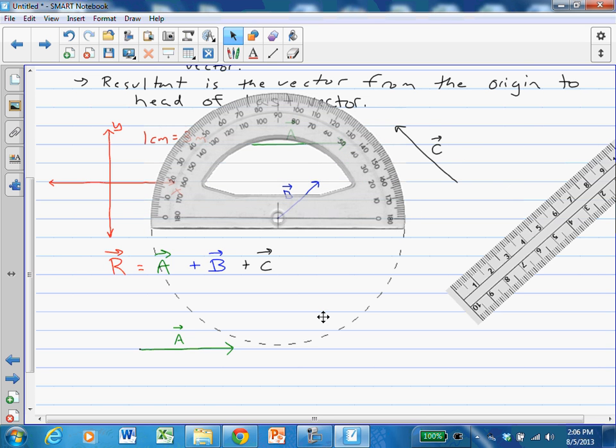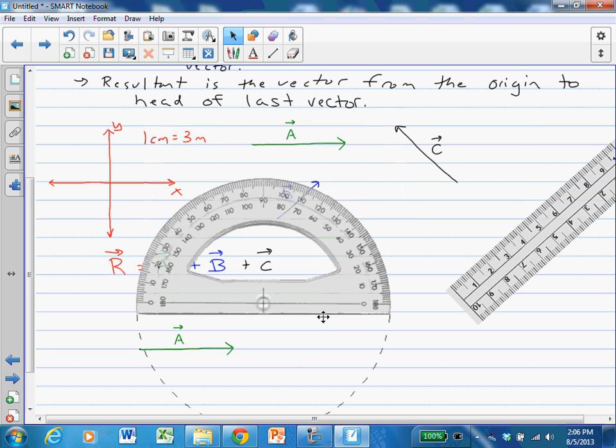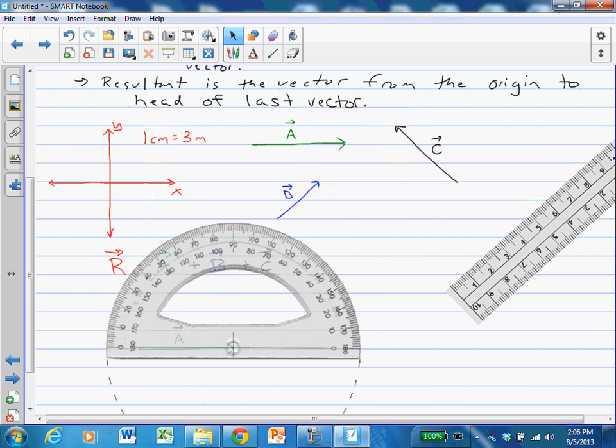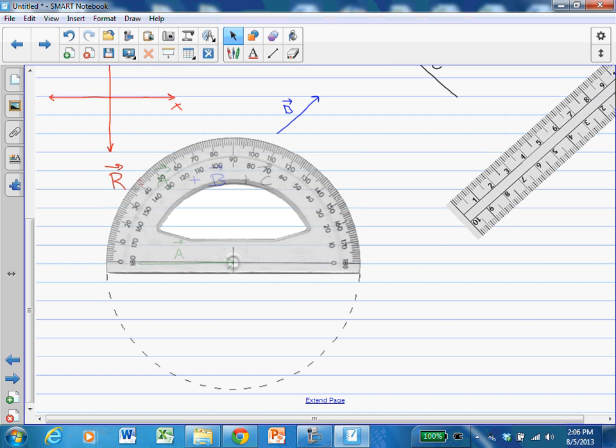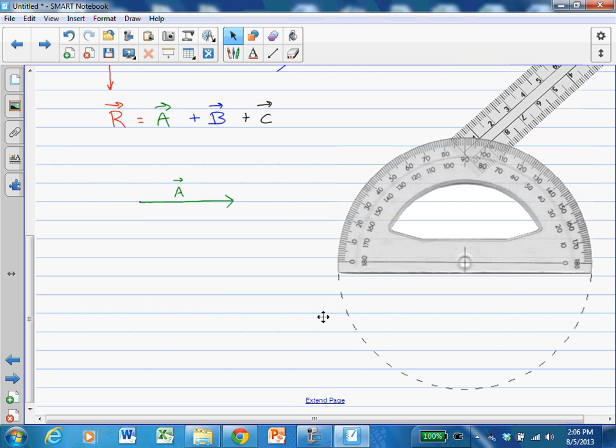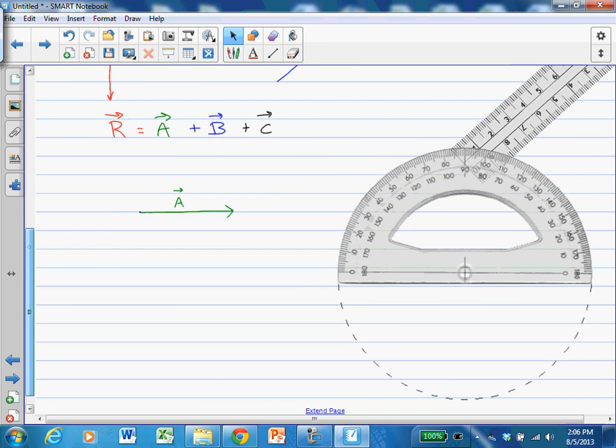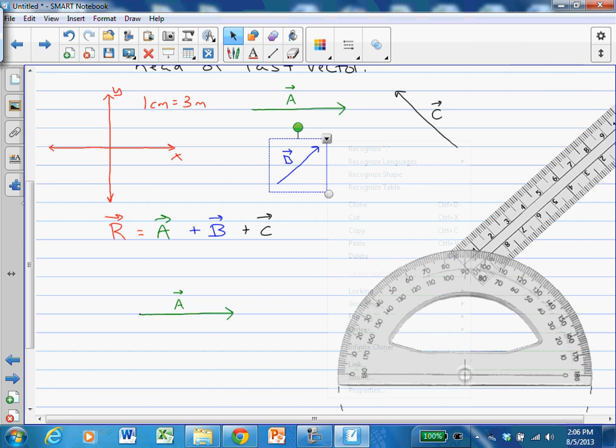So if I come down here, I would draw my vector B starting here at 42 degrees outward. In this case, I'm just going to clone it. That's how you would do it, to move and draw that. And notice I'm putting it from the head of A, the tail of B on the head of A.